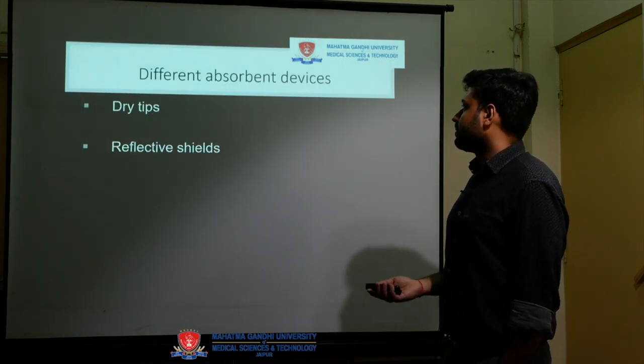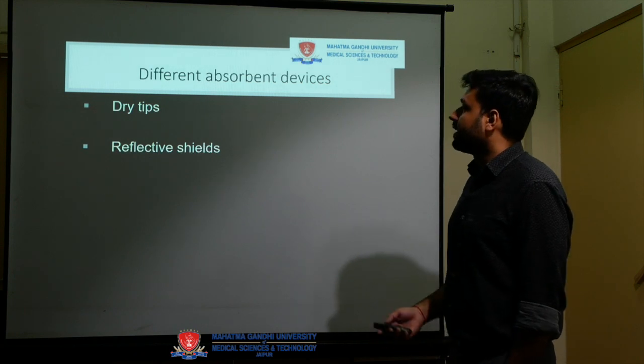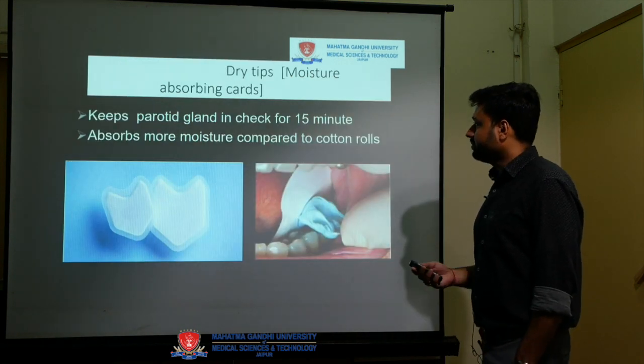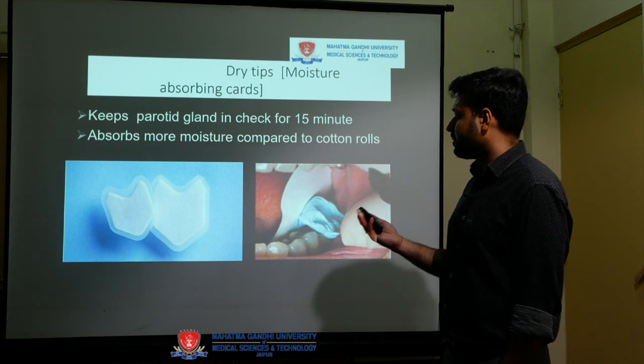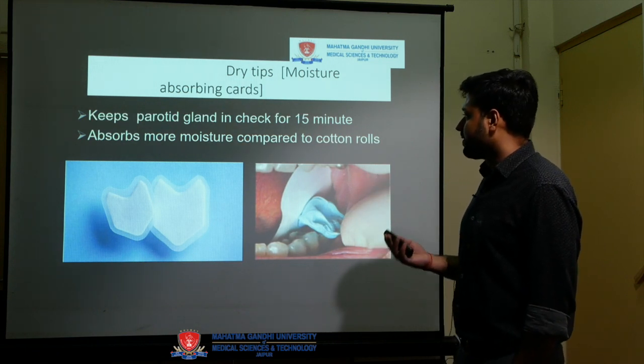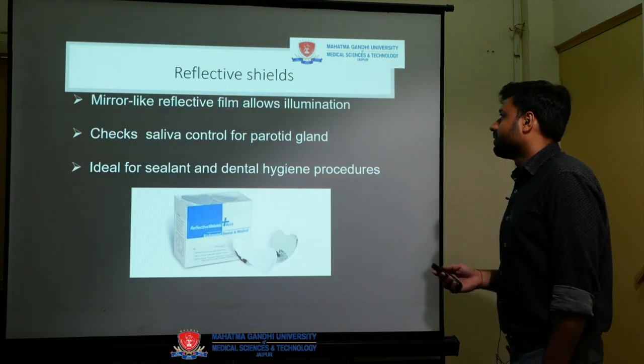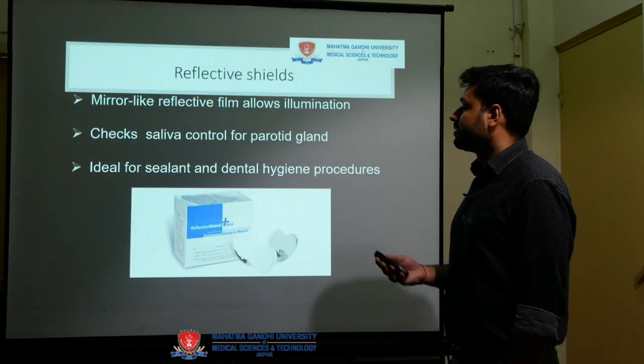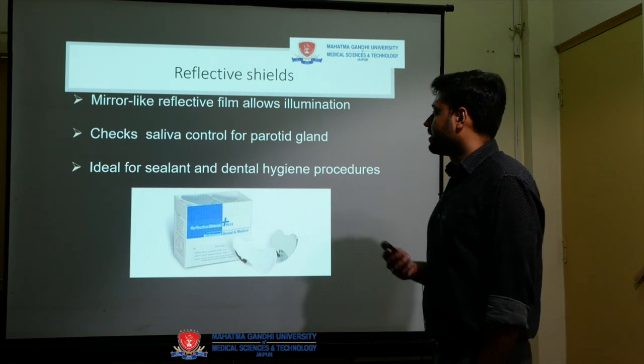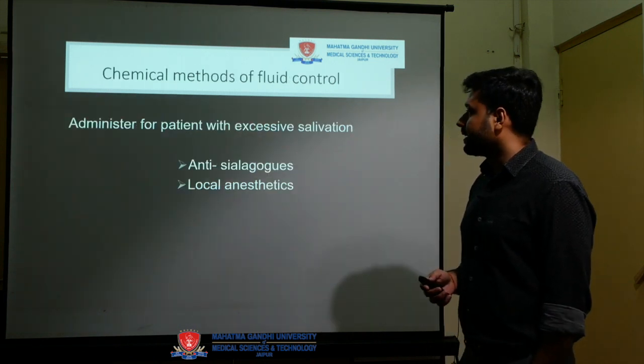We can also use dry tips and reflective shields. The dry tips are basically cotton wafers that we can use in the area, and reflective shields are also there that slightly reflect the buccal tissues or the lingual tissues away from the working area.